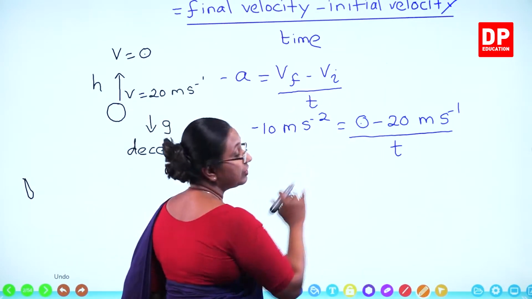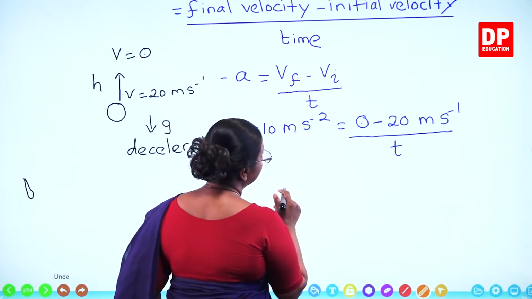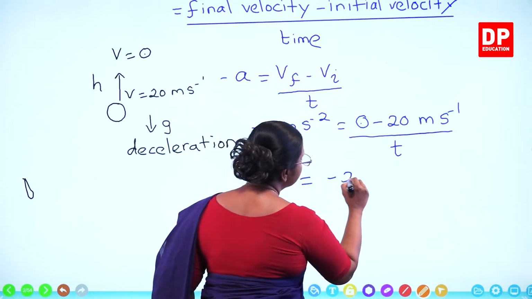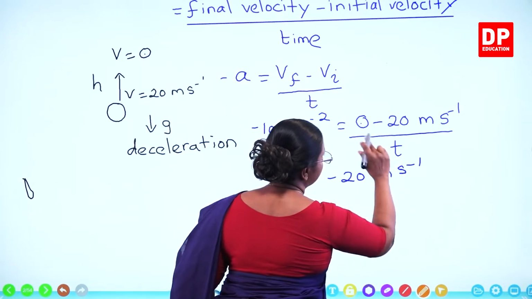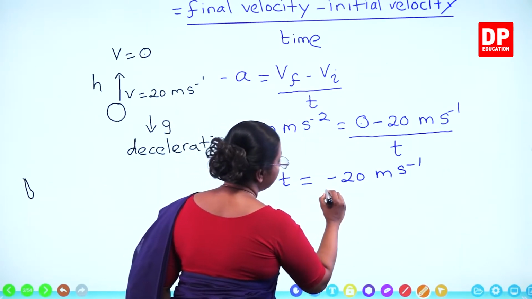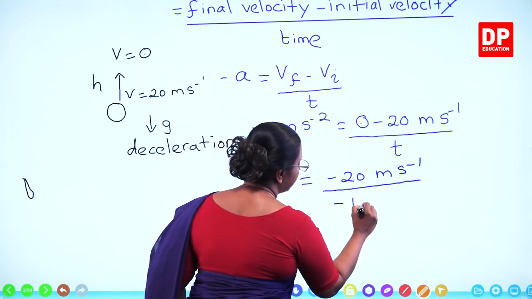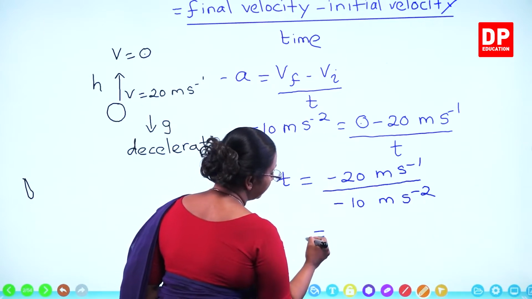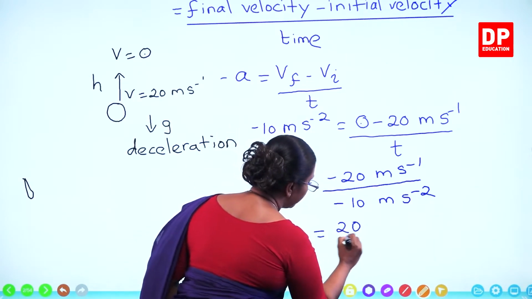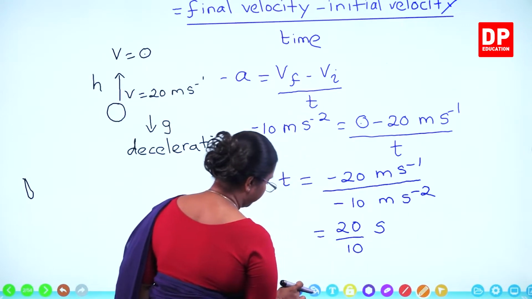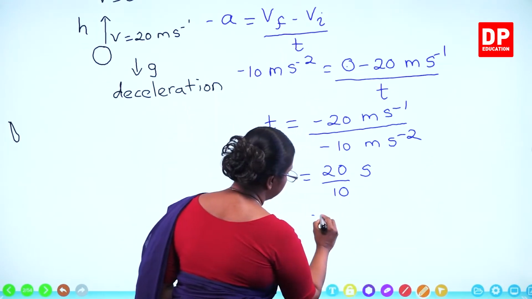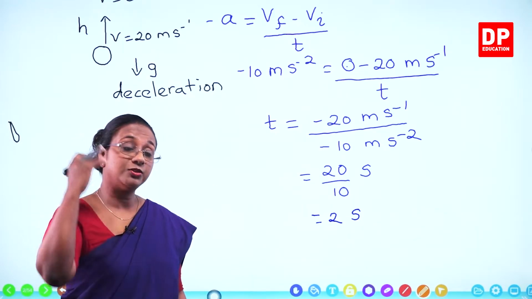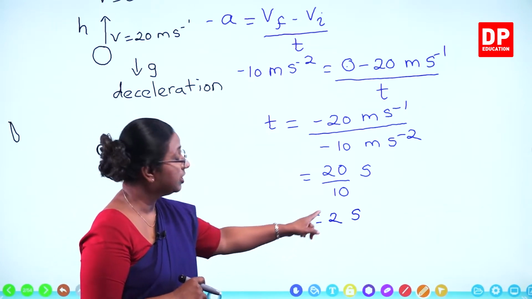So here we need to rearrange this equation. So you take t as the subject, that is time, is going to be equal to minus 20 meters per second divided by minus 10 meters per second square. So you can easily cancel off the negative signs, minus minus. So 20 over 10 seconds. That is going to be 2 seconds.